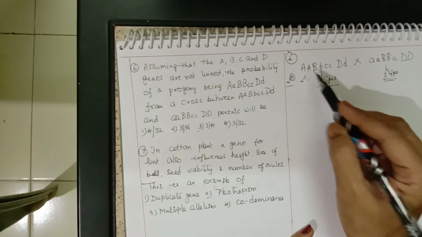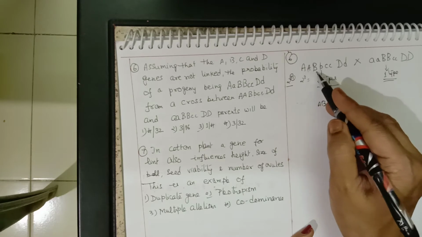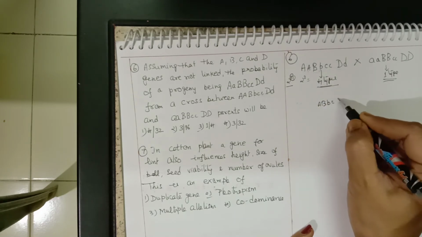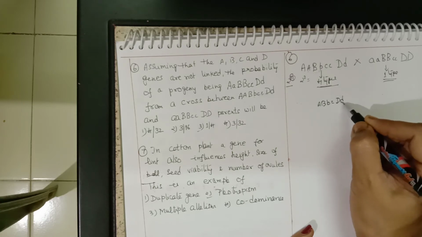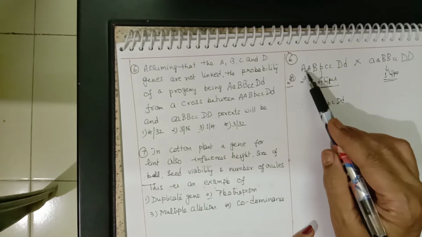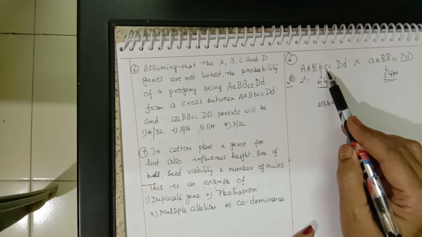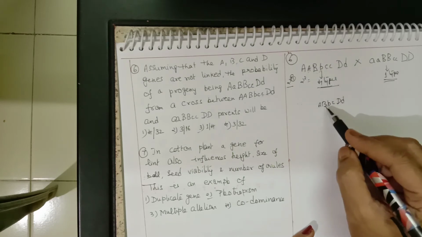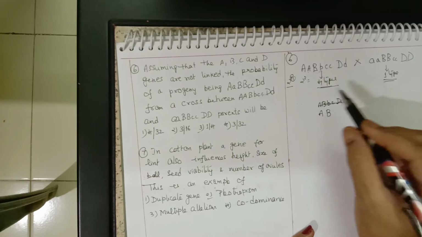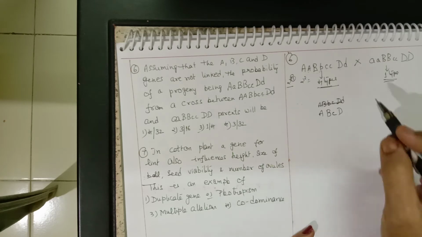One gamete can be capital A, capital B, small c, capital D. Then you can get capital A, small b, small c, capital D, and so on. This is one.